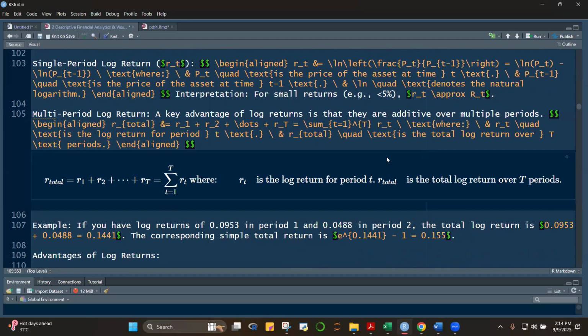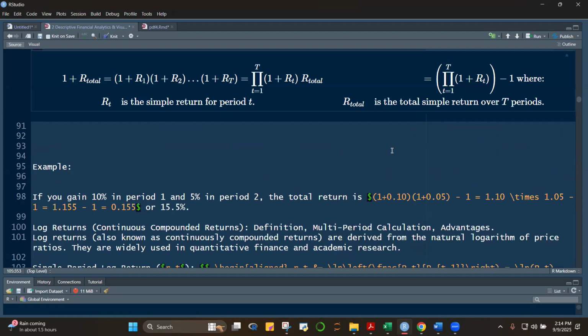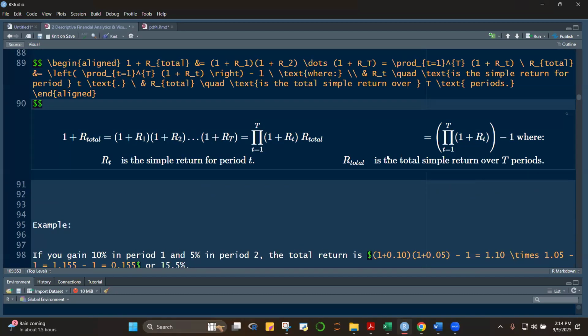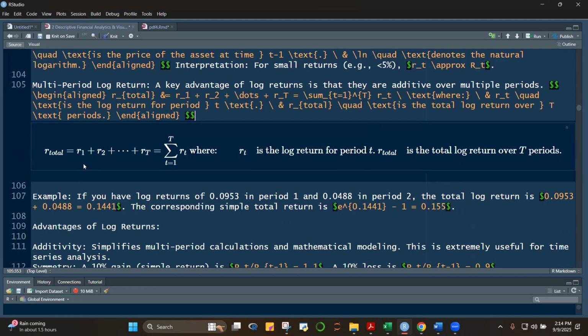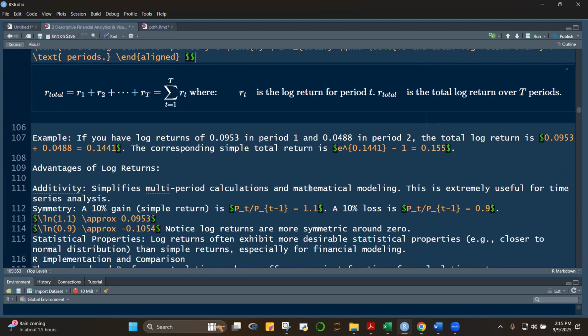So this is what differentiates the log returns from the simple returns. For multi-period returns, class, we need to take the product of the simple returns, this one. For log returns, class, you're just adding. You just add return 1, return 2, return 3. So that's the advantage of log returns, because you can sum them up, class.